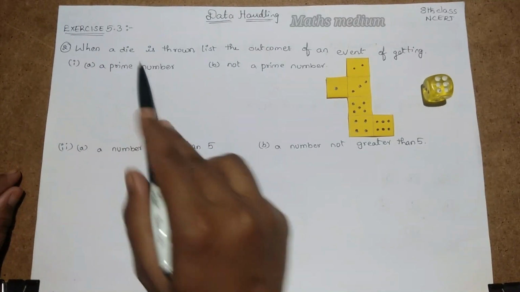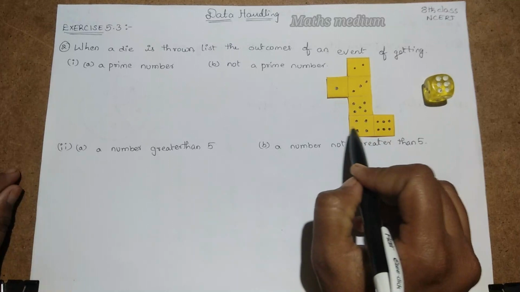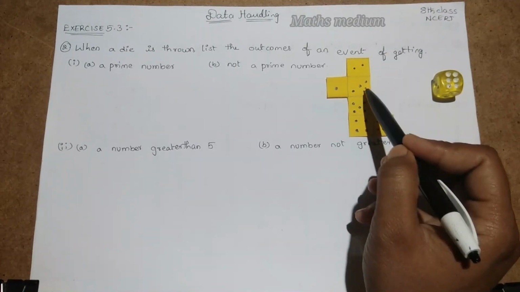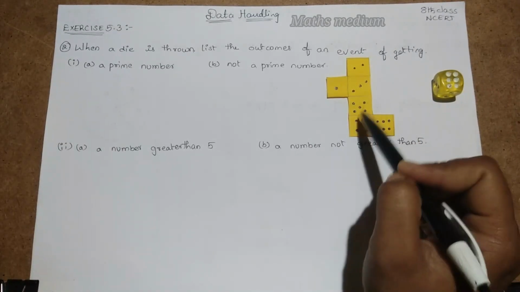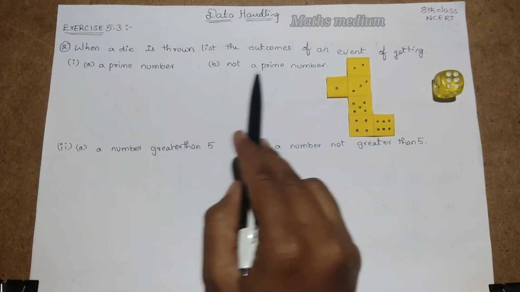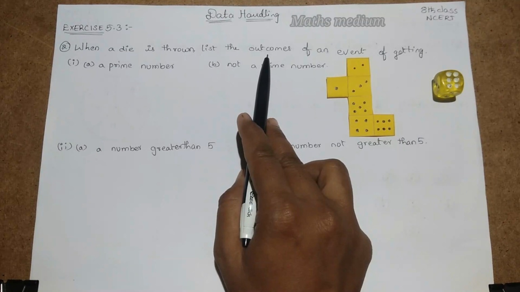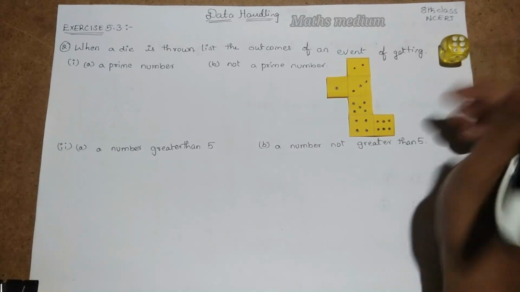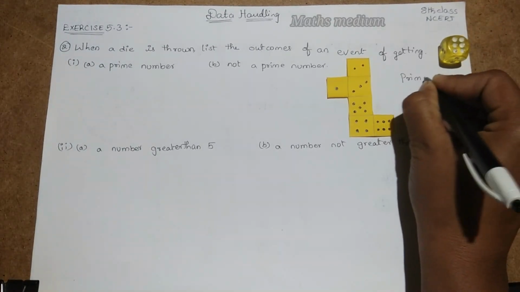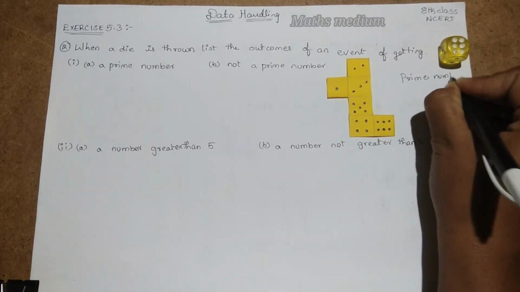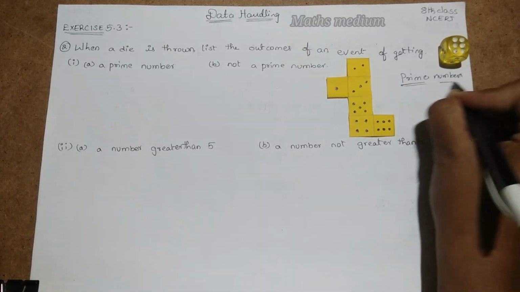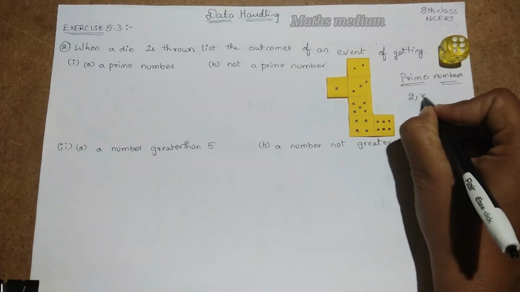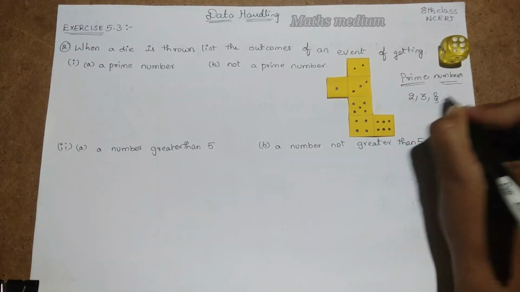Here, a prime number. In this die we have 6 faces: 1, 2, 3, 5, 4, 6. In this we have to list out the prime numbers and the non-prime numbers. Outcome is nothing but the chance of occurring. We know that prime numbers here are 2, 3 and 5.